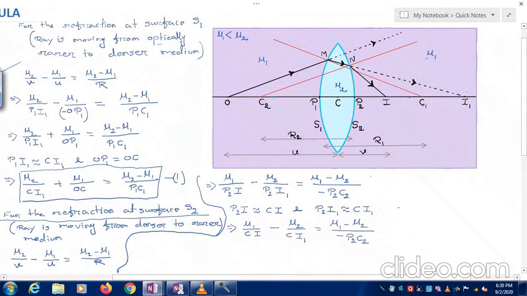Now here it is minus, so we can write this equation as, this implies mu1 divided by CI minus mu2 divided by CI1. So this can be written as, now let us interchange mu2 and mu1, and the sign will change as here it is minus P2C2. So mu2 minus mu1 divided by P2C2. Now give this as equation number 2.